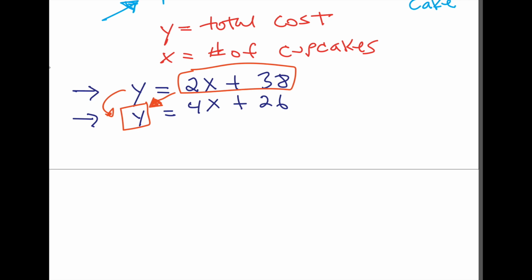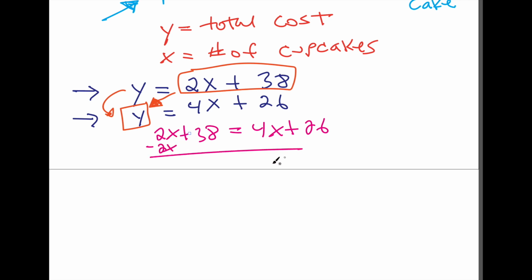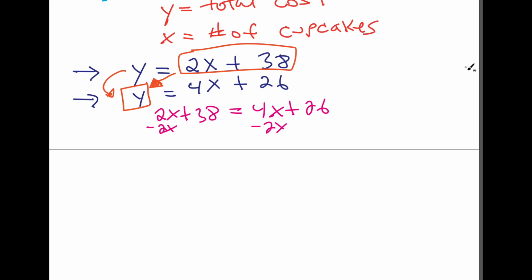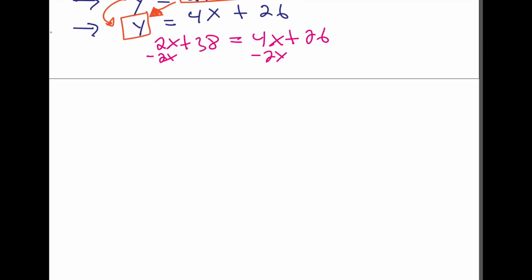So I can combine them to get 2x plus 38. I literally just swap that for that. Equals 4x plus 26. Okay, now I have everything in terms of x, so I can just solve for x. I'll do minus 2x on both sides, and that's gone.